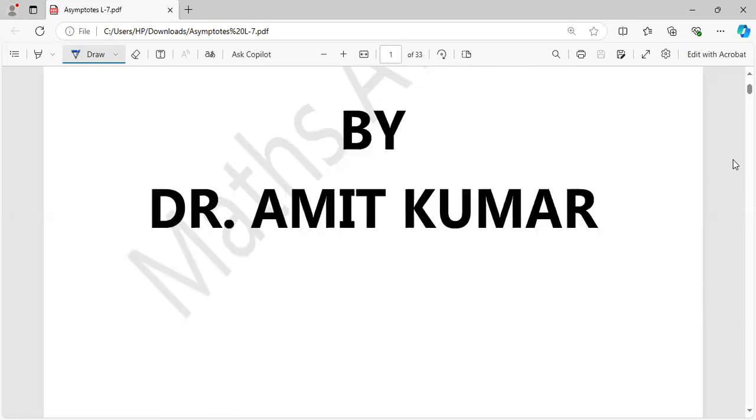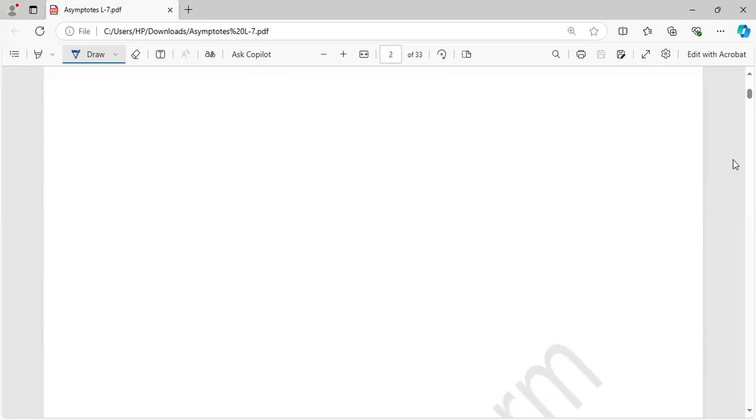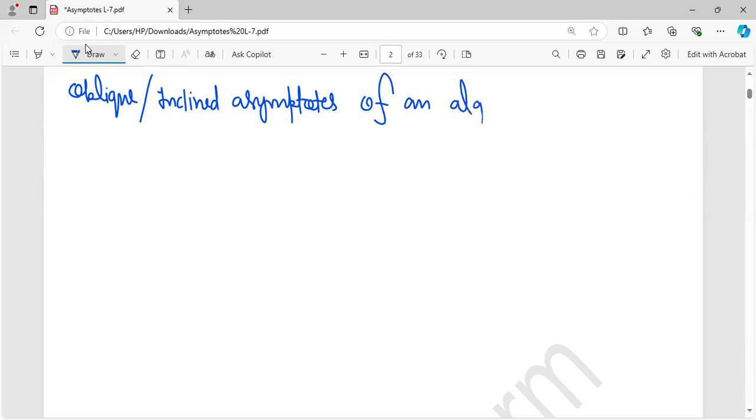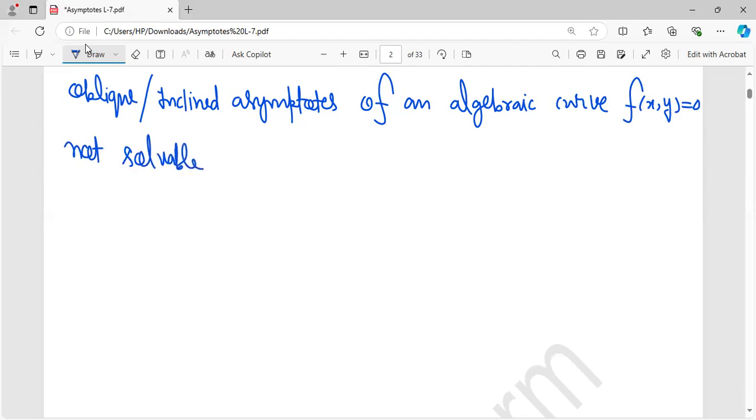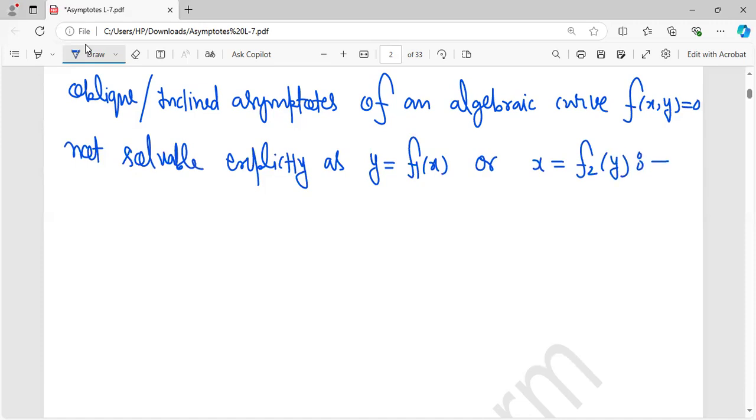Oblique, or inclined, asymptote of an algebraic curve f(x,y) = 0, not solvable explicitly as y equal to a function of x or x equal to a function of y. Okay, so we'll do this today.